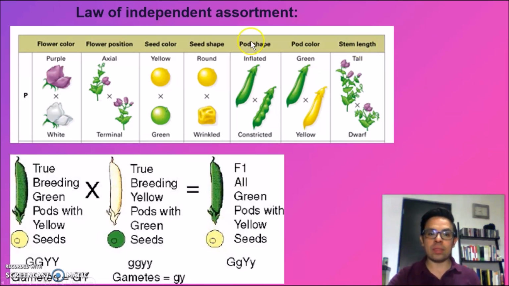There could be a plant with terminal and purple flowers, with yellow seeds and a wrinkled shape, and probably an inflated pod with a green pod and being a tall plant. Many different combinations when you think about the law of independent assortment. So let's go to the exercise.